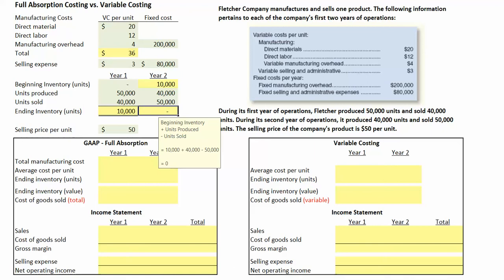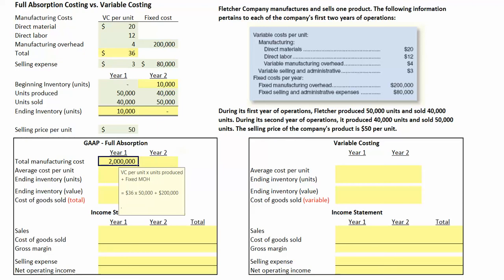Let's go ahead now and take a look at our income statements for year 1 and year 2 under GAAP or full absorption costing, which treats fixed manufacturing overhead as a product cost. Our total manufacturing cost in year 1 will be our variable cost per unit times the units produced, or $36 per unit times the 50,000, plus the 200,000 in fixed manufacturing overhead for a total cost of $2 million.